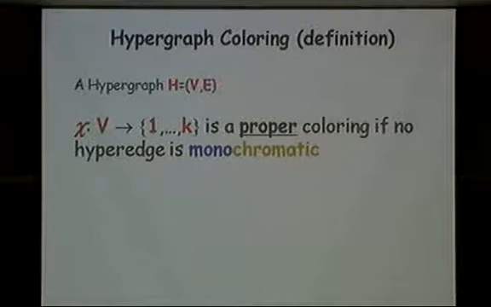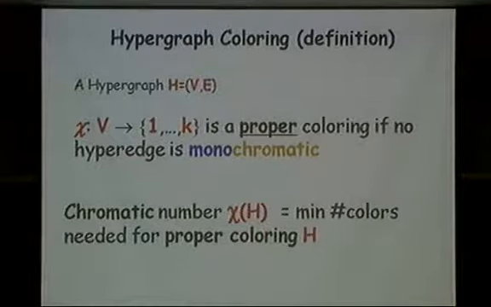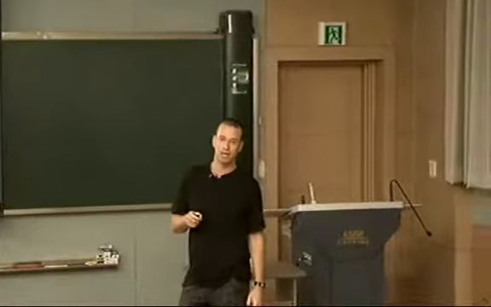This is a classical generalization of graph coloring, where a graph is simply a hypergraph where all the elements in E are just pairs, with cardinality 2. And the chromatic number of a hypergraph would be just the minimum number of colors needed for any proper coloring. So the coloring that uses the minimum number of colors, that number is the chromatic number of the hypergraph.